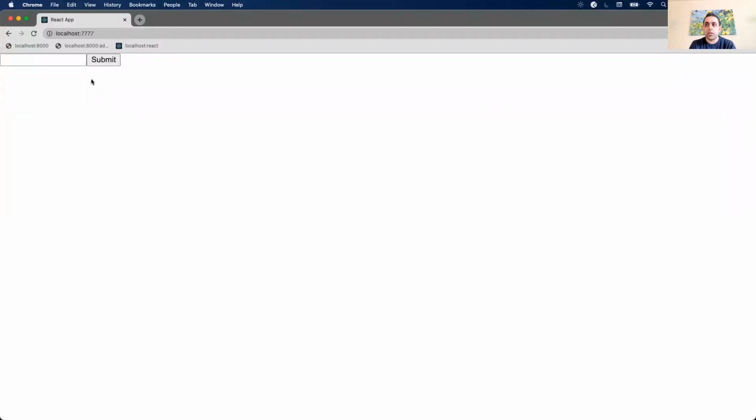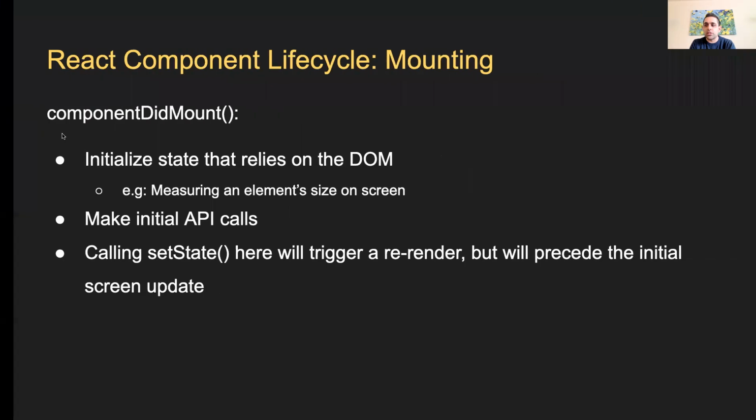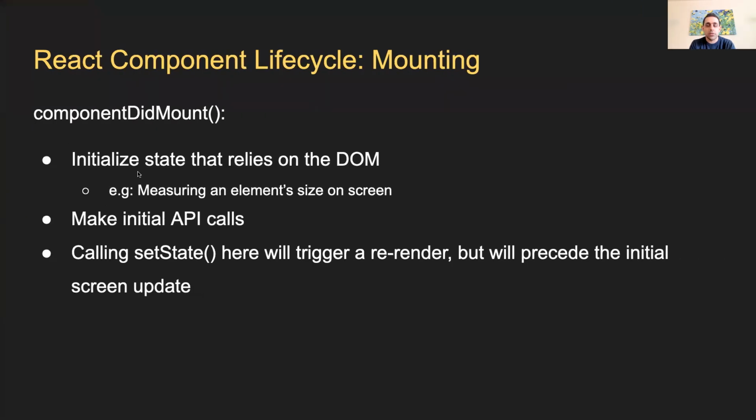Well, I need the initial render to happen so that the DOM actually has this button, and then I can physically get the width or height or the text off this button, and store that into my state values. So I can't do that in my constructor because the DOM hasn't been rendered with the elements that I need.